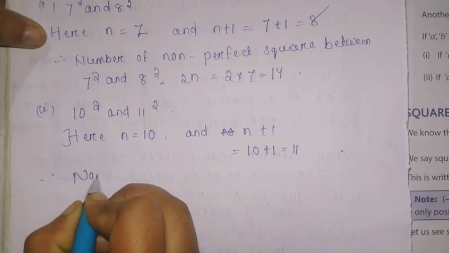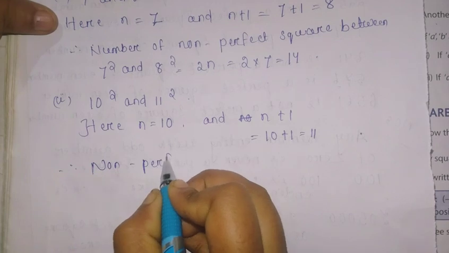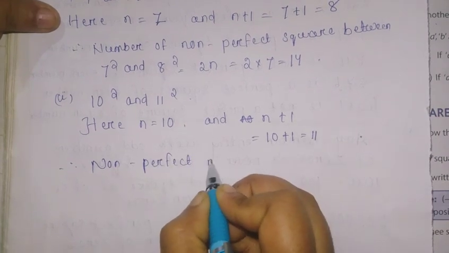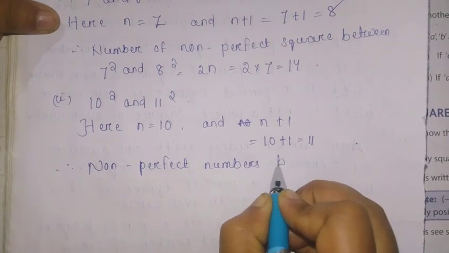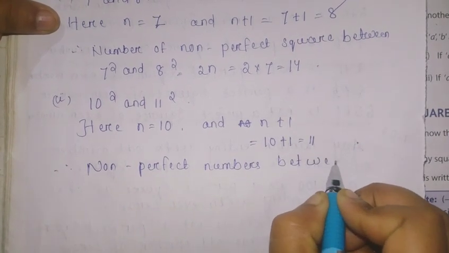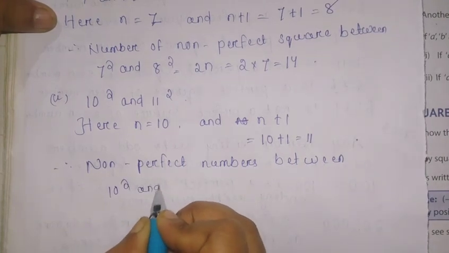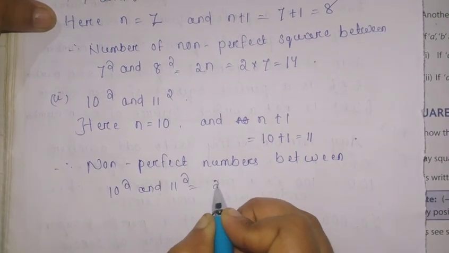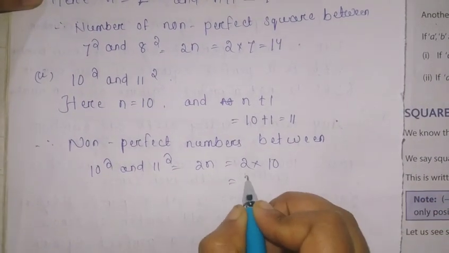Then the non-perfect numbers between 10 square and 11 square equal 2n. Then 2 into 10 is 20.